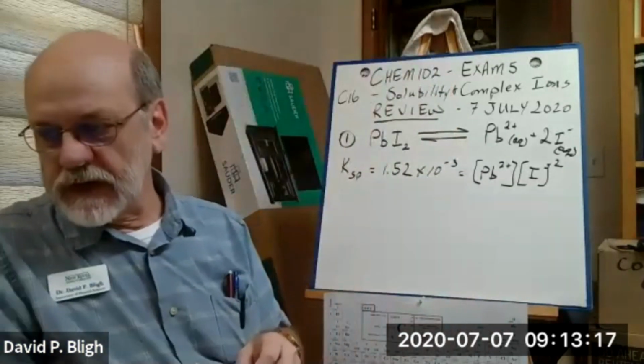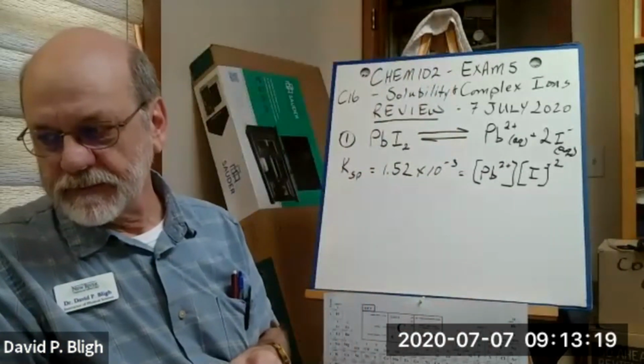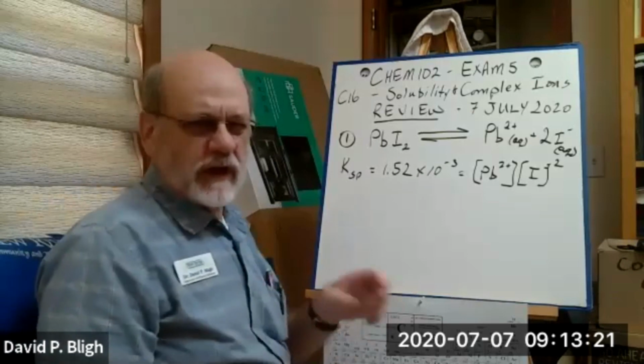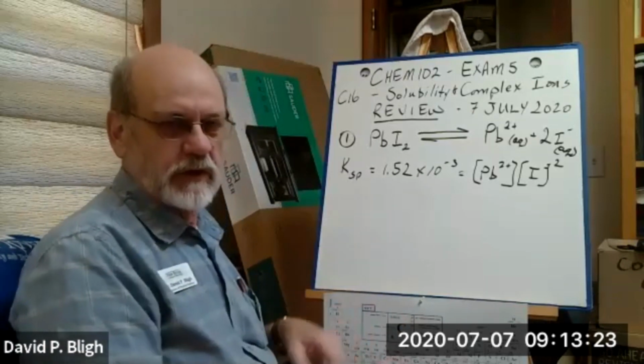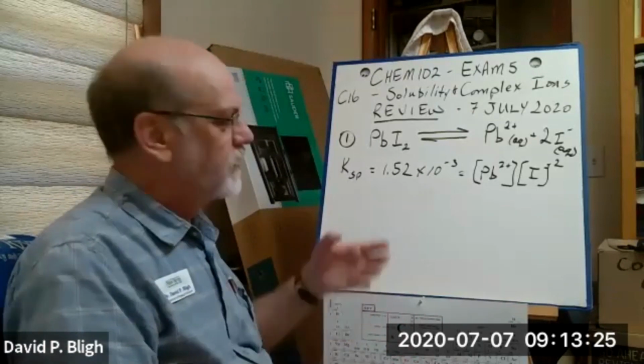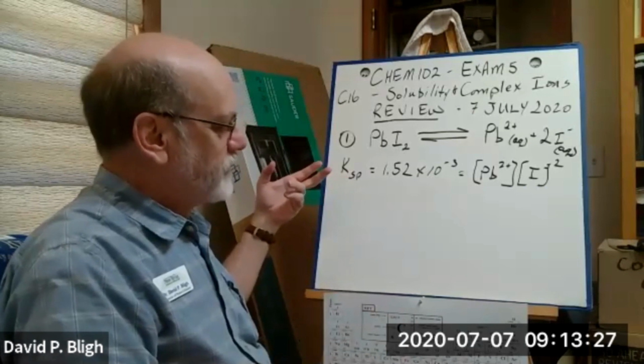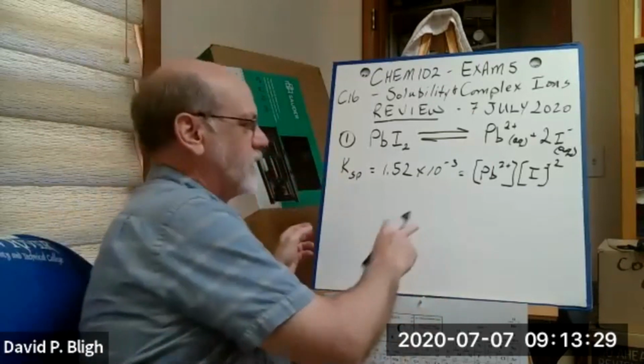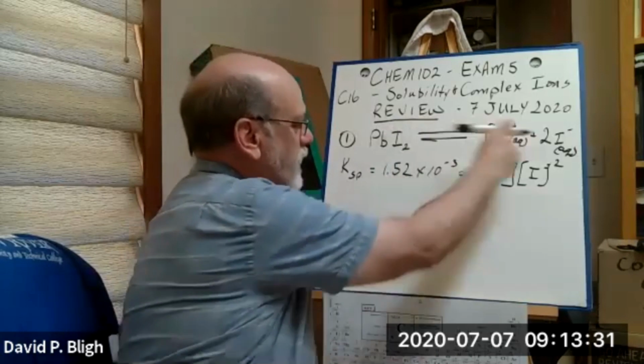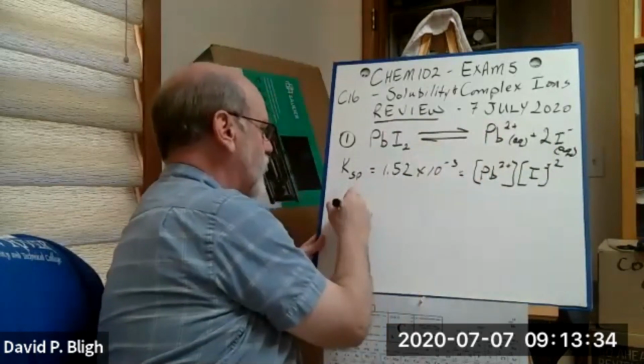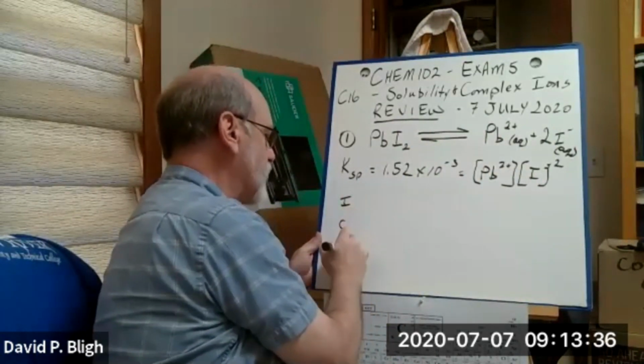All right, so let's do it the long way first, so we can prove to ourselves again that the shortcut works. All right, so if we have this expression, we're going to have an initial concentration, a change, and an equilibrium.